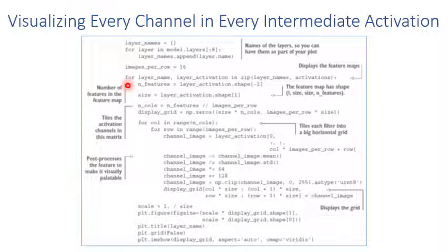For each layer activation and layer name, we first extract the number of features and save it as n features. Then we get the size of the feature map. The original feature map has the shape of one, the size, and the number of features.